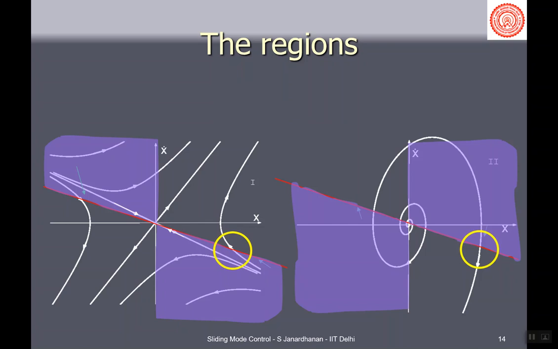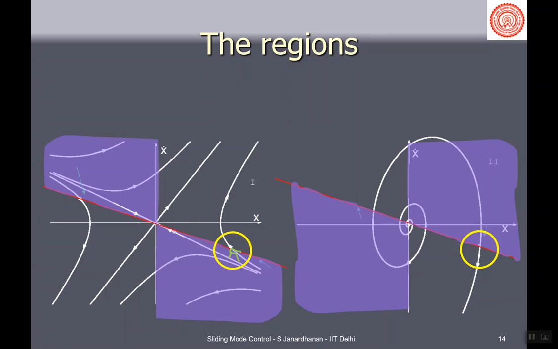But what we have to see is what is happening at this transition. So when it is close to this line and in this region, then mode 1 is active, and you see that it goes towards this sliding line. So the representative point is pulled towards this sliding line when this variable structure control is used, when the system is in mode 1.